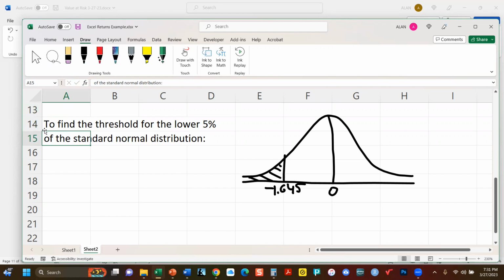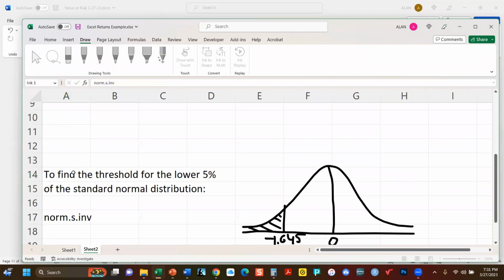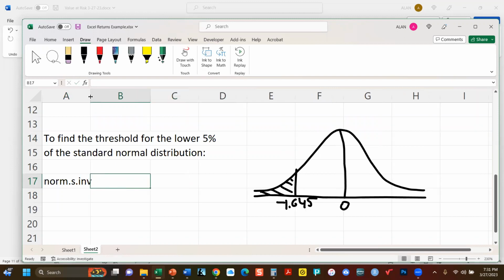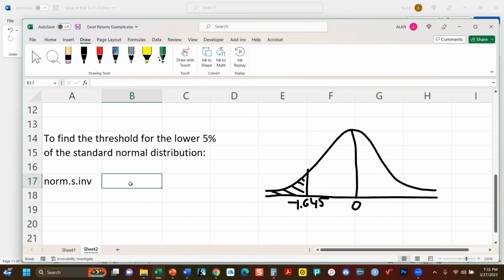We're going to use the function NORM.S.INV.